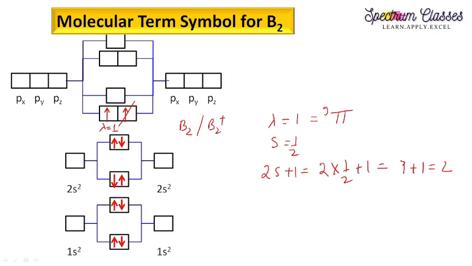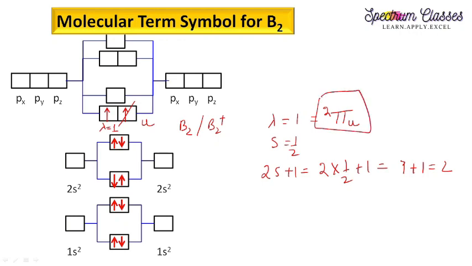So the spin multiplicity will be 2. Now, is this gerade or ungerade? As you know, pi bonding molecular orbitals are ungerade, so you can write it as ungerade. So this will be the molecular term symbol for B2 plus.